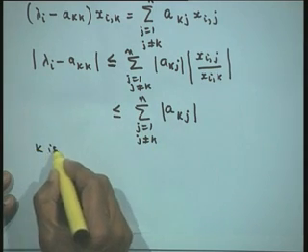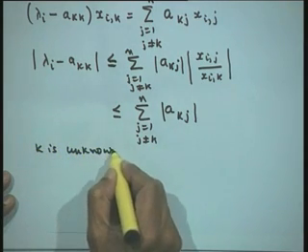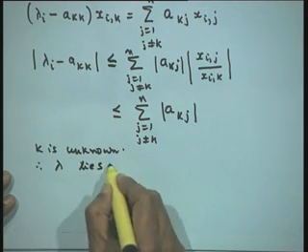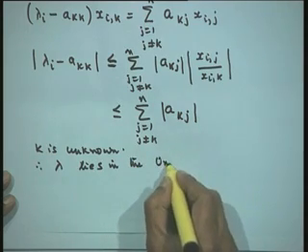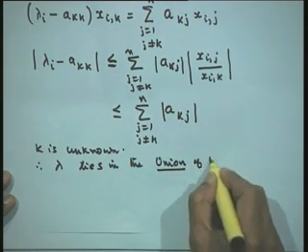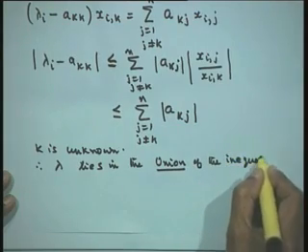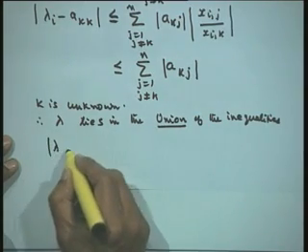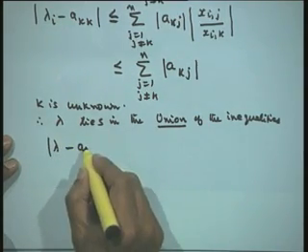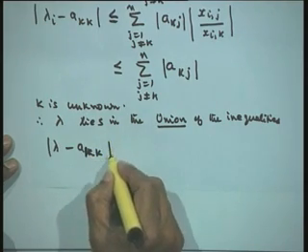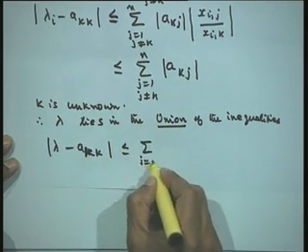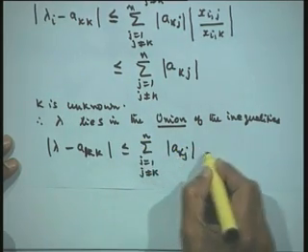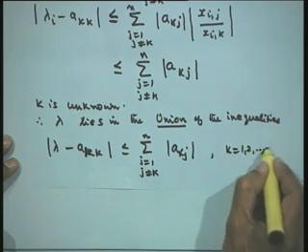So k is unknown, therefore lambda lies in the union of the, at the moment let me write down inequalities, but we will later give another name to these inequalities: magnitude of lambda minus akk is less than or equal to the sum over j from 1 to n, j not equal to k, of magnitude akj, for k is 1, 2, 3, and so on to n.